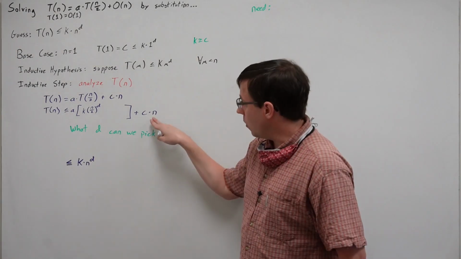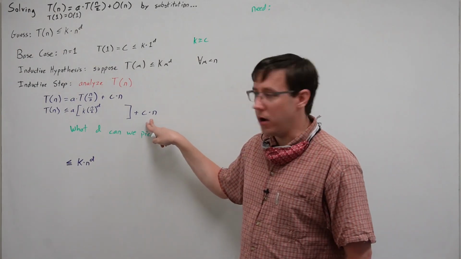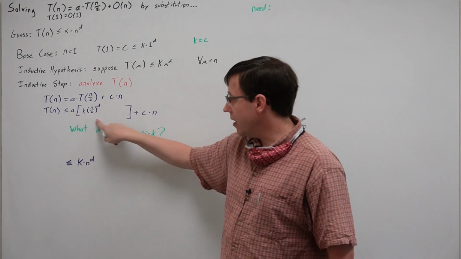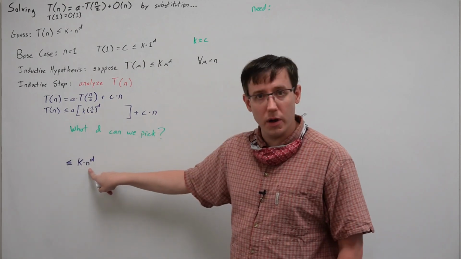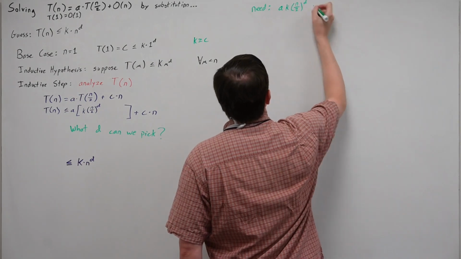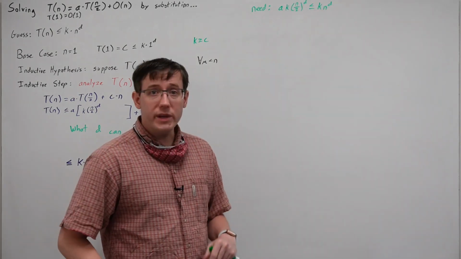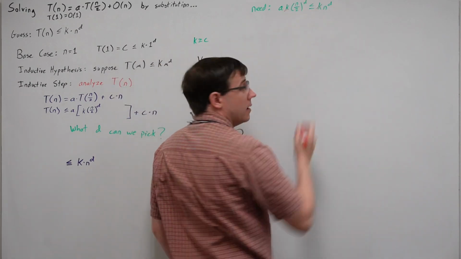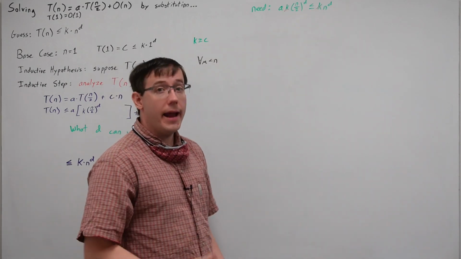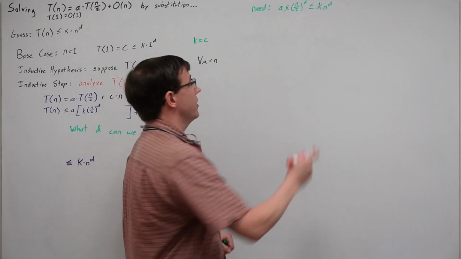Well, let's ignore the c times n term for now and just focus on making this term less than or equal to this one. Well, we can do some algebra here, canceling a k on both sides and an n to the d on both sides.